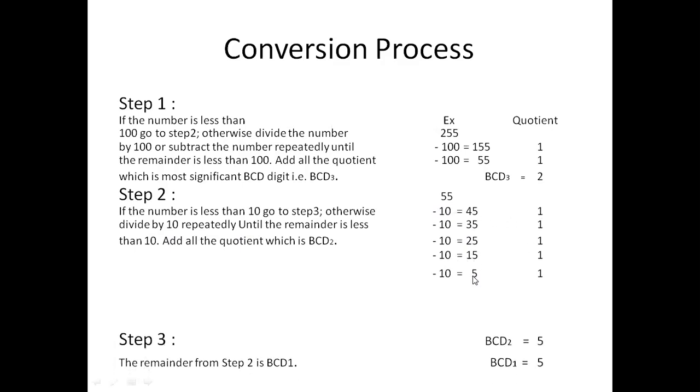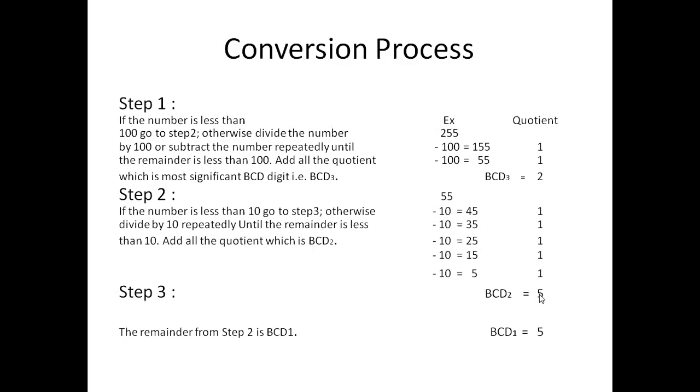It means the BCD2 is actually 5. So 1, 2, 3, 4, 5. So it is 5. And then step number 3 is, we are getting 5, which is less than 10. Since it is less than 10, the remainder we are getting for step number 2 will be the BCD1 value.